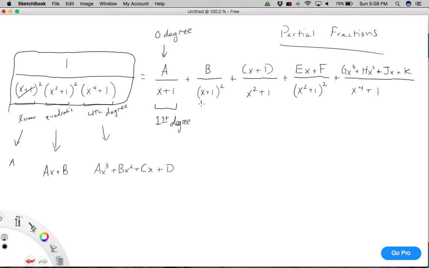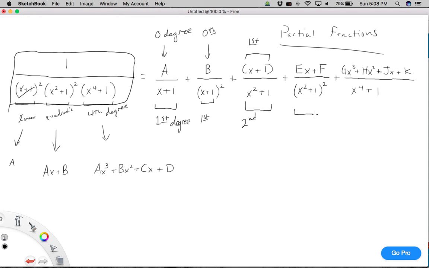Okay, again, this factor here, x plus 1, first degree. So that means up here, we need a 0th degree polynomial. This one is a second degree polynomial. So then on top, you need a first degree polynomial, which is just a linear term.